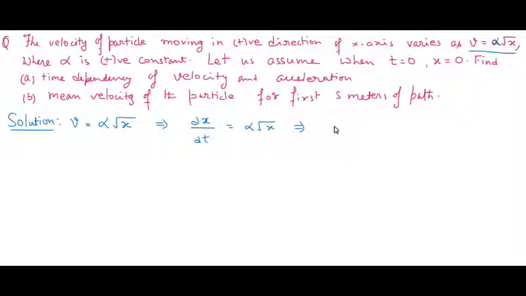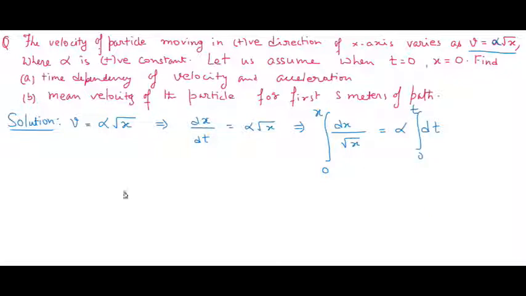How? We'll put dx and √x upon √x, and alpha, and here dt. dt will come to this side. And now we'll integrate from 0 to x, and here 0 to t.